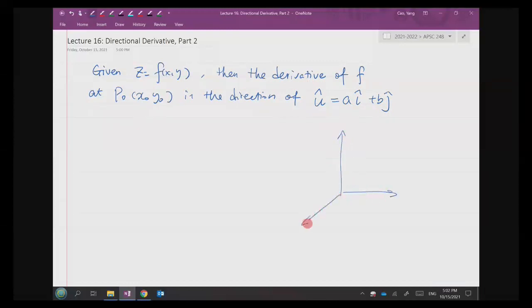Graphically, you have a surface, and this is your p naught location, and this is your u hat direction.